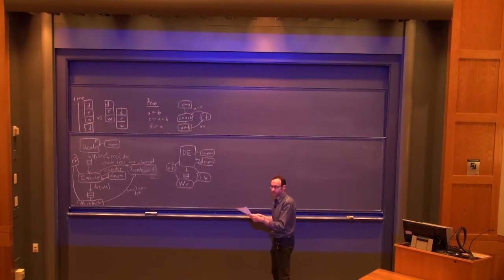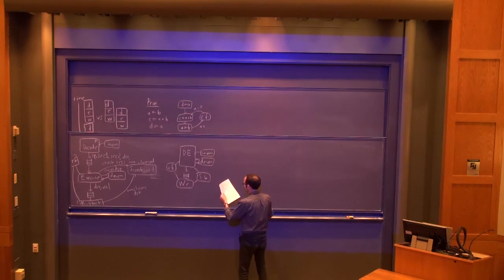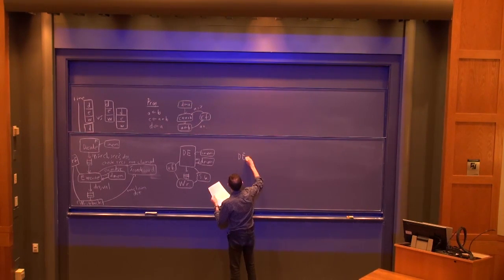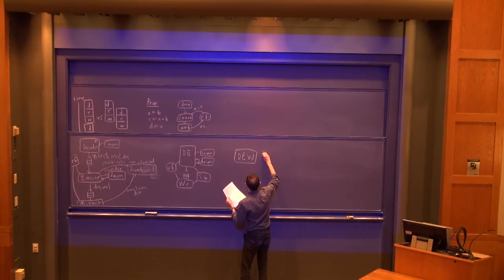So we can combine those stages, and then after that, I will finally get to, I'll just write it this way, do decode, execute, write back, which has everything attached to it.